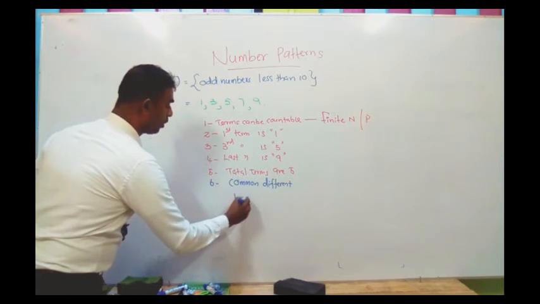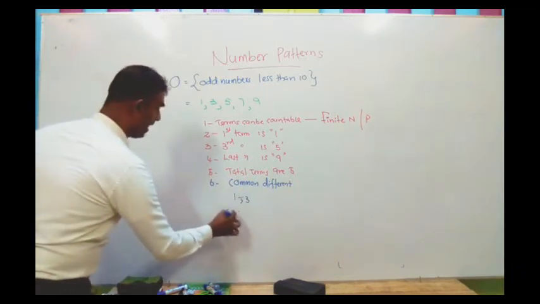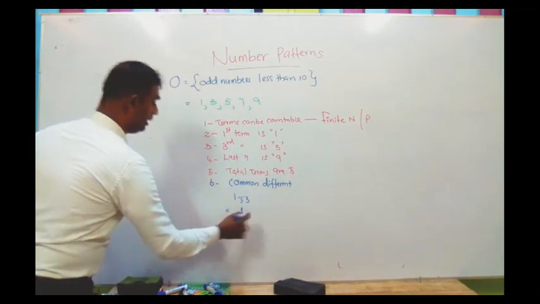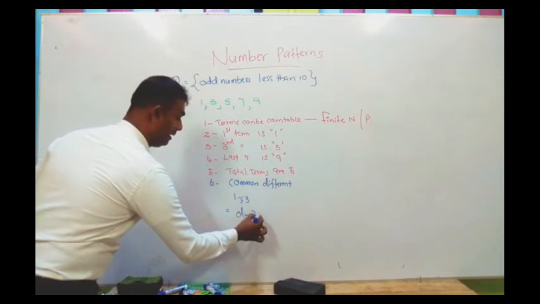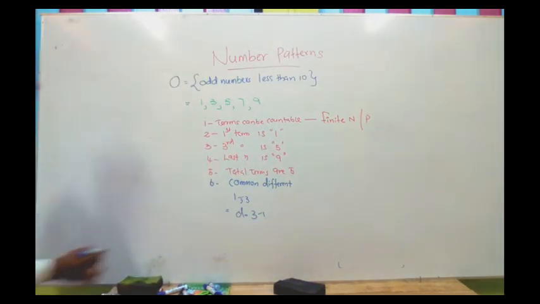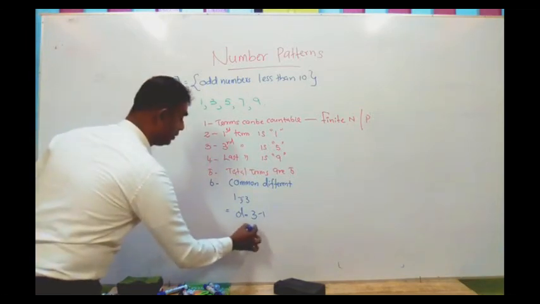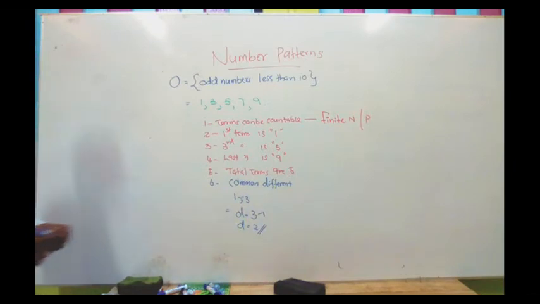Now what do we do to find D? D equals the number on the right side minus the value on the left side. Answer is 2. Common difference is 2.